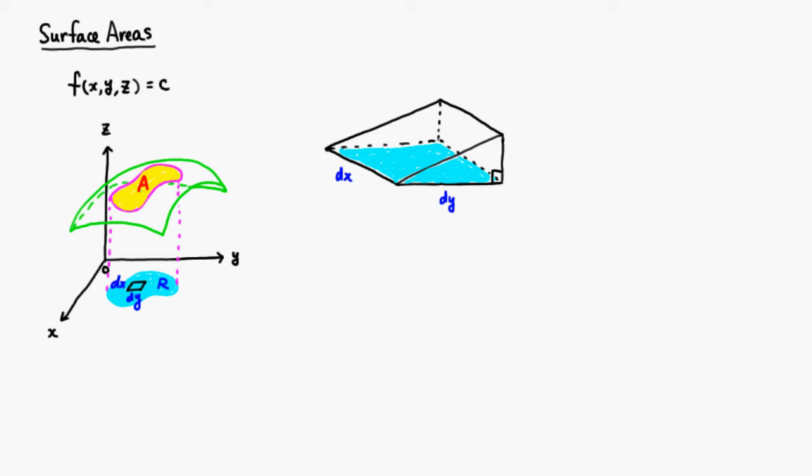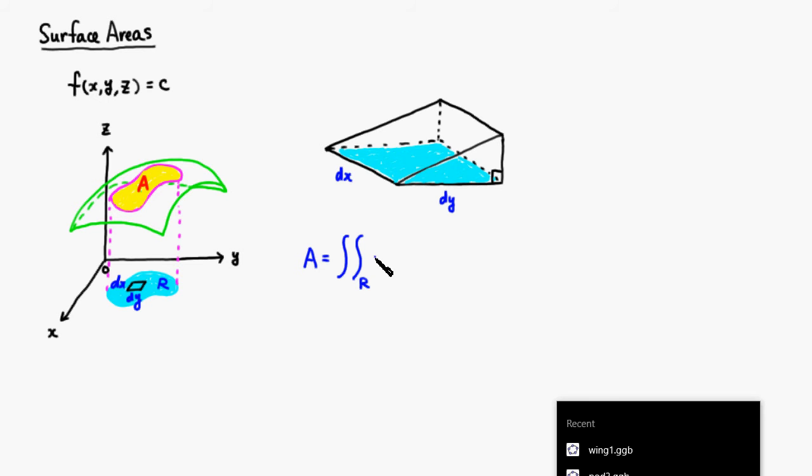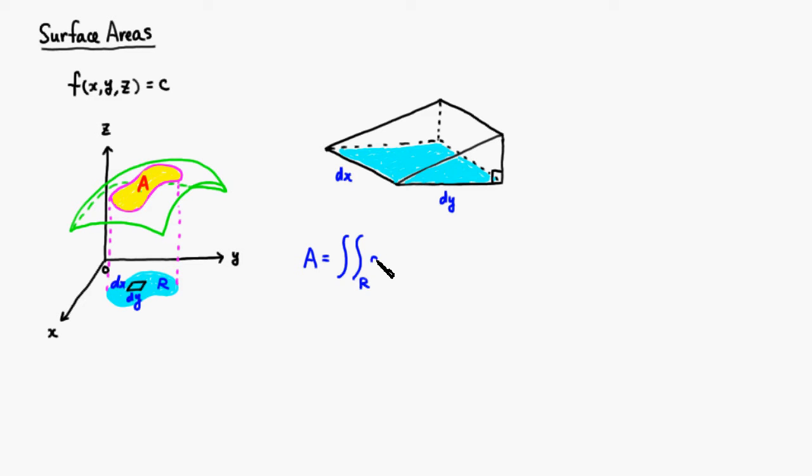In order to find the area A, since it's a two-dimensional space, it makes sense to have a double integral over this region in the xy plane, which I'm just going to call R. Then the integral is of the area element, so we have to find out what the area element is for this surface.